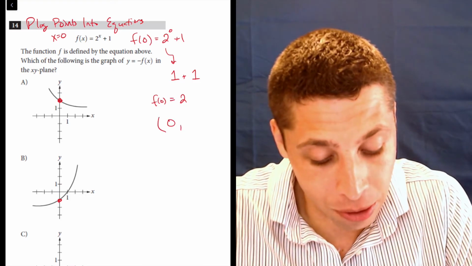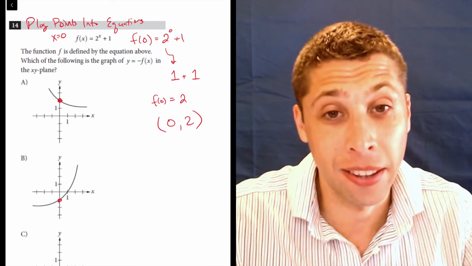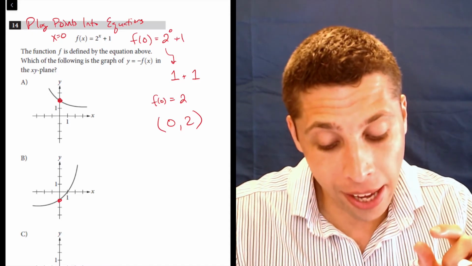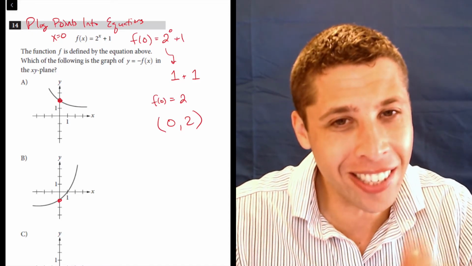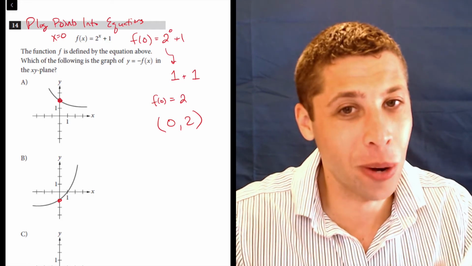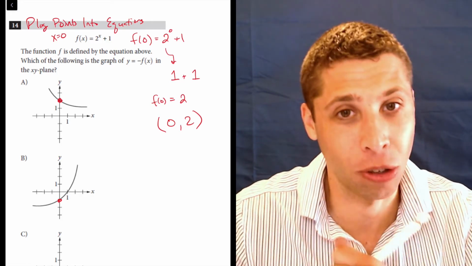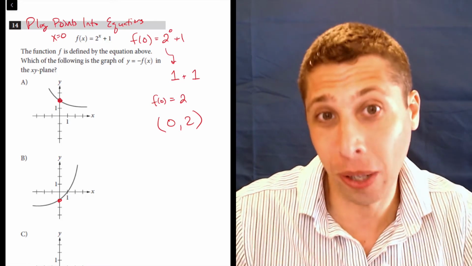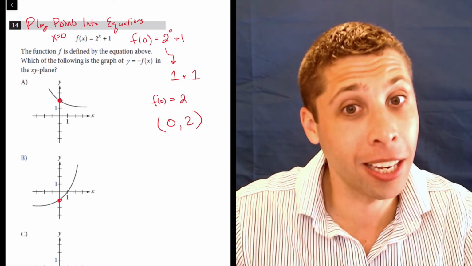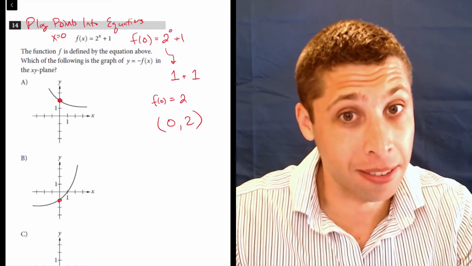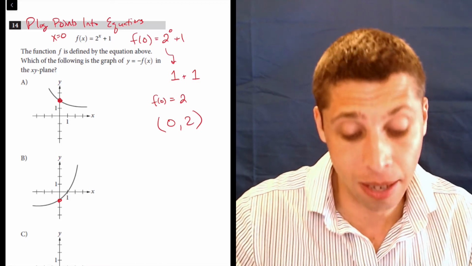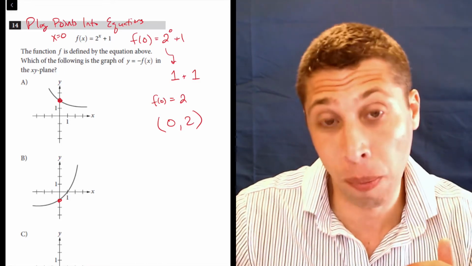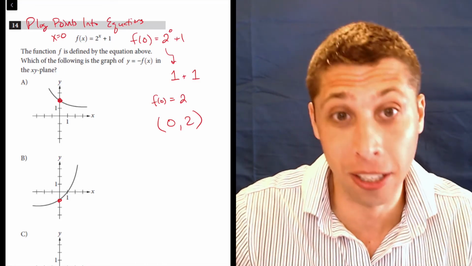The point 0, 2 is on the graph of f. So you wouldn't really see that just looking at the equation, but that's how exponentials work. So they're trying to trick you on that. But if we just plug in and we don't make an assumption, we prove the assumption, we can see that very obviously because everything raised to the 0 power is 1, and so very quickly the 2 kind of pops out.